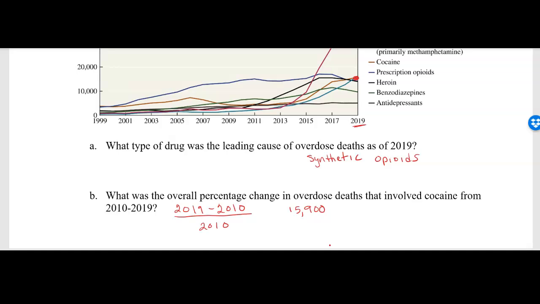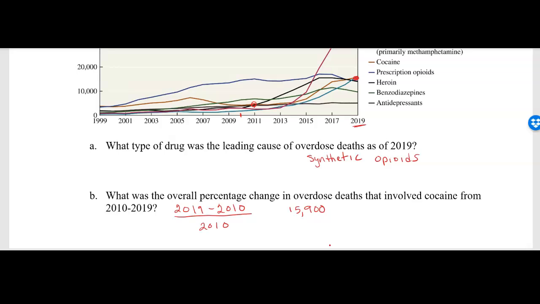Then we look up the number for 2010. Well, 2010 is right here, between 2009 and 2011. It's very difficult to probably find this, and when you're doing your homework, you can always zoom in on your screen. But if we're looking for that orange line, it's right about there, if you can see me circling that. Where is that?